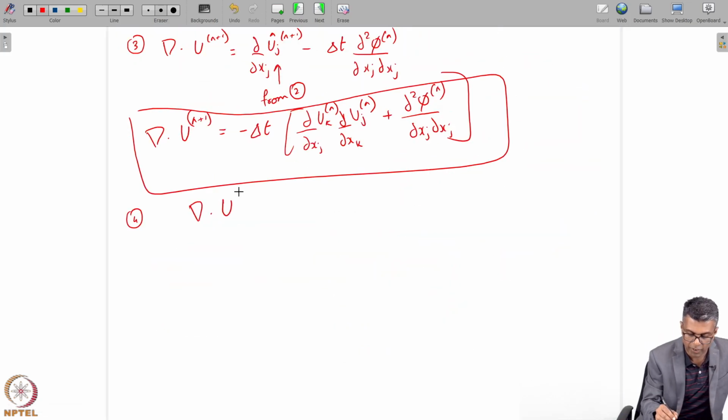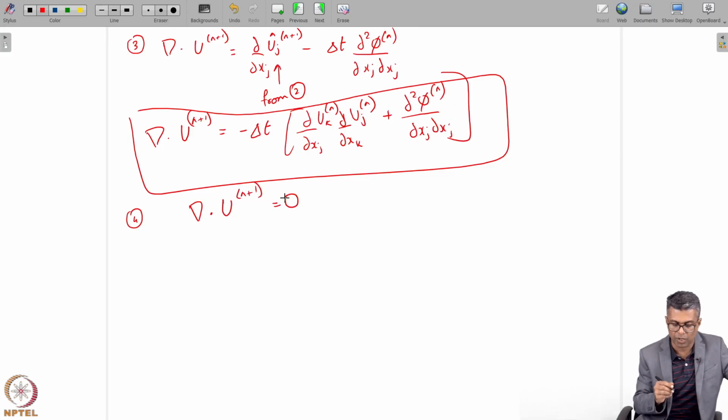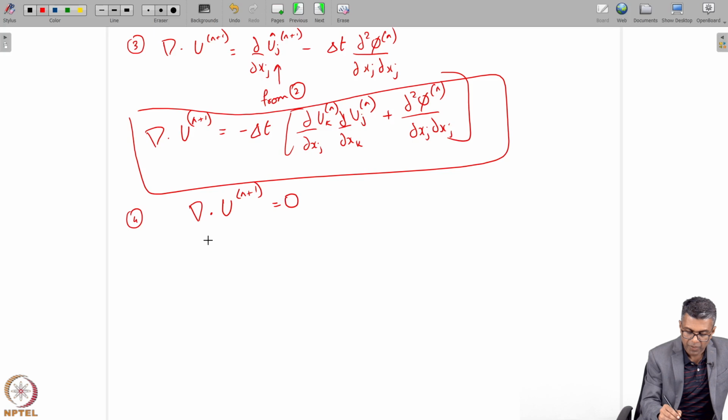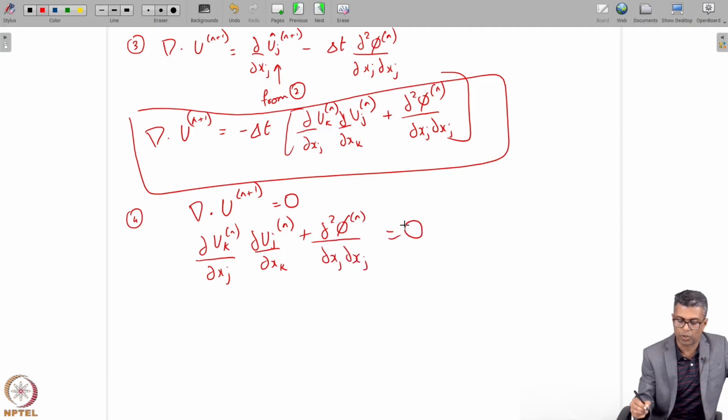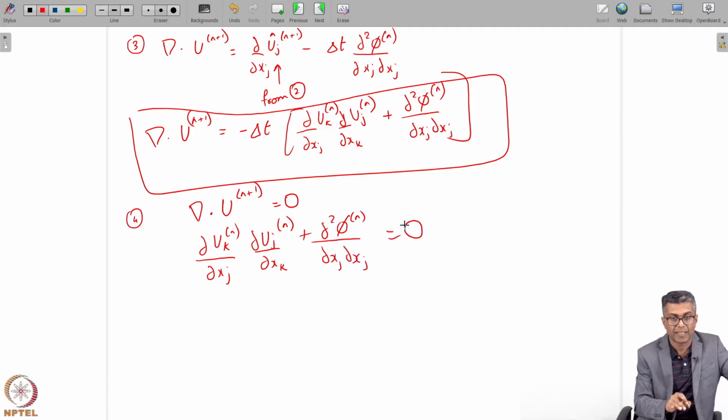So if del dot u n plus 1 is equal to 0, then that means del uk n del xj and del uj del xk n plus del squared phi n, of course, del xj del xj would be equal to 0. Only then would that continuity be satisfied, isn't it? Only then would u n plus 1 satisfy divergence. It would be divergence free.